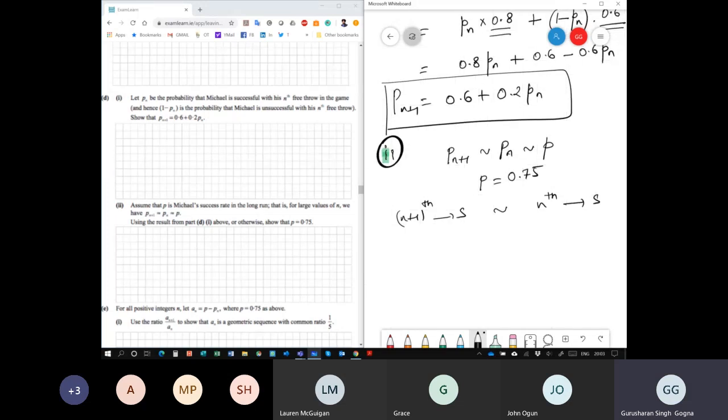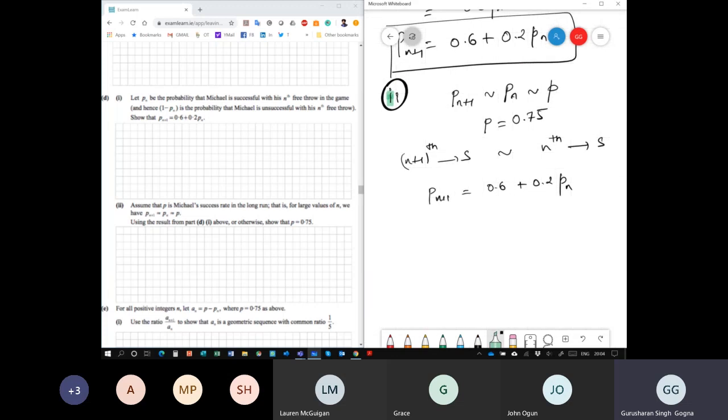So how will you find P and prove that P is equal to 0.75? You just use the previous equation and use the approximation they give you in the question. According to this approximation, you can use Pn plus 1 and Pn as P. So put P here and P here as well and solve it.